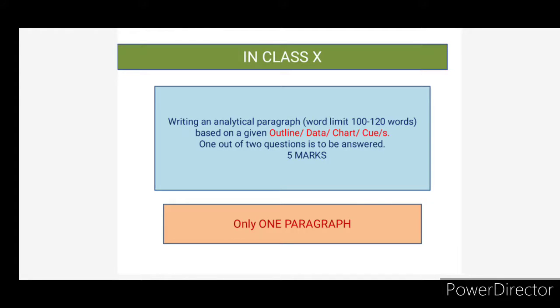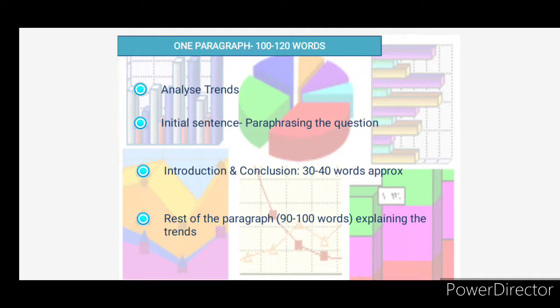Now, if you look at this question, you can be asked to write an analytical paragraph in about 100 to 120 words based on a given outline, data, chart, or cues. And you need to answer in just 100 to 120 words, and 1 out of 2 questions is to be answered, and it will be of 5 marks. So, you need to write just 1 paragraph.